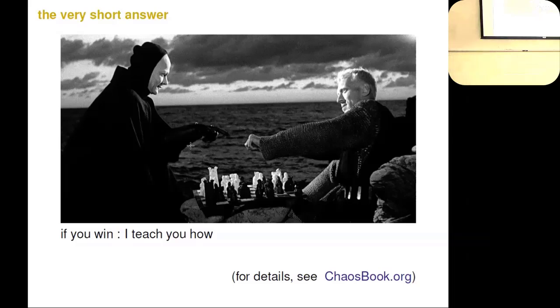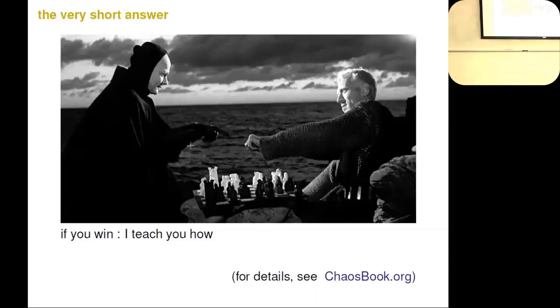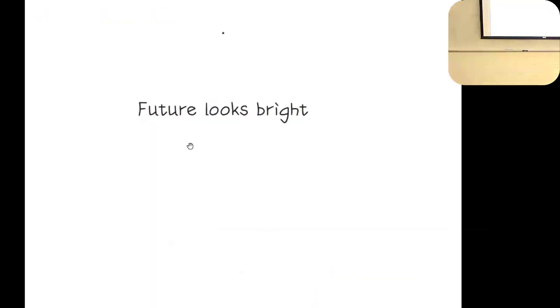And the tools are in place. There is a whole body of tools that we built over the years. And the future is very bright because it's kind of clear what we have to do. And it's going to be beautiful when it happens.